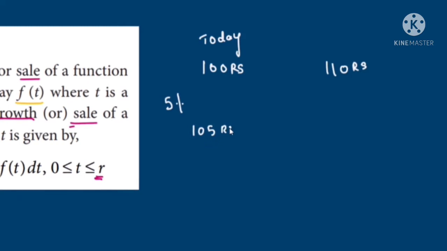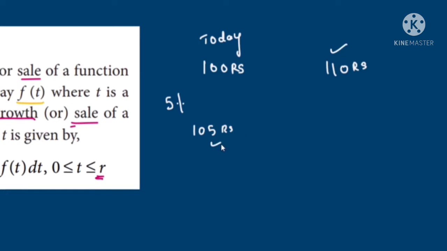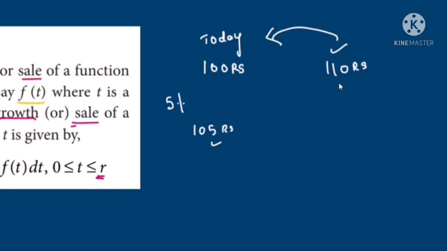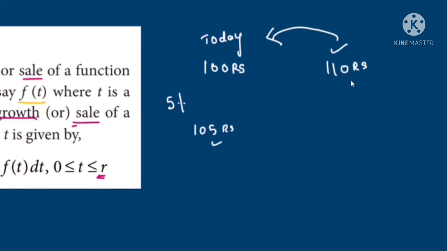Now the question is, after 1 year you're getting 110. So is it worth getting this 110 or this? To find that, you should know the present value of 110 rupees. How do you find the present value of 110 rupees? By just seeing this, we cannot say that this is better. You should know the present value based on this 5% interest.